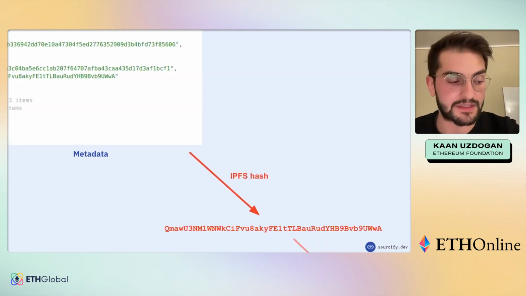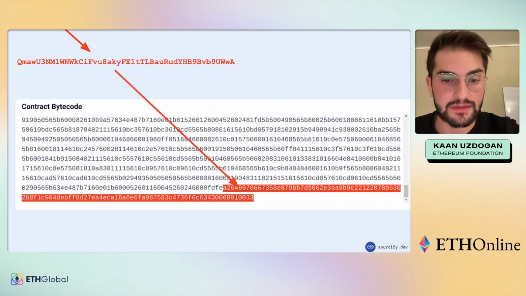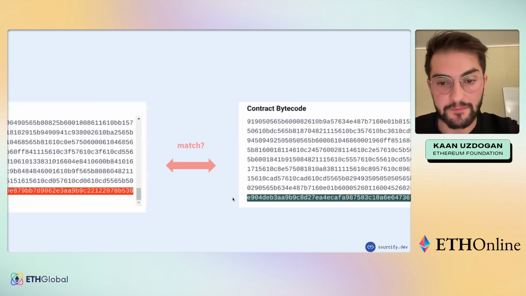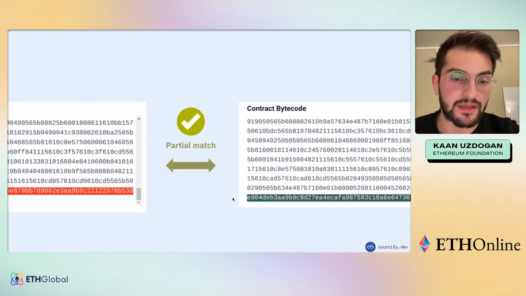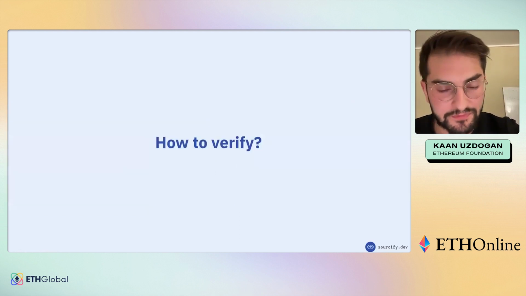Now we have a different hash. And this different hash will be appended at the end of the bytecode. So the last field will also change. And this time you will be having only a partial match, not a perfect match, but excluding the last part of the contract bytecode, this will give us a partial match.